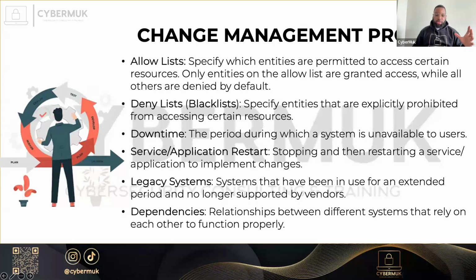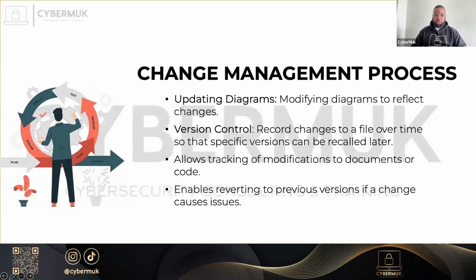You have allow lists of entities that can access resources and deny lists of entities that are explicitly disallowed from accessing resources. You want to minimize downtime. You want to ensure or verify the dependencies in your systems. And you want to keep appropriate and good versions such that if you make a mistake, you can easily roll back to a previous version.